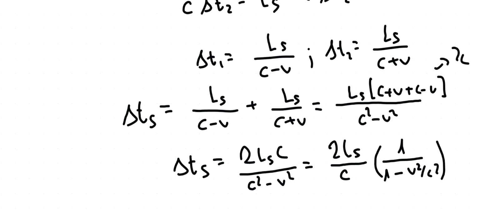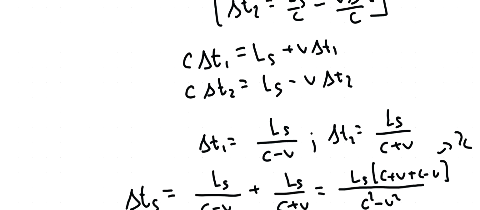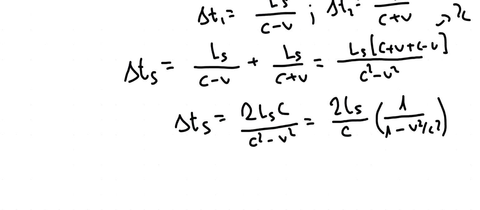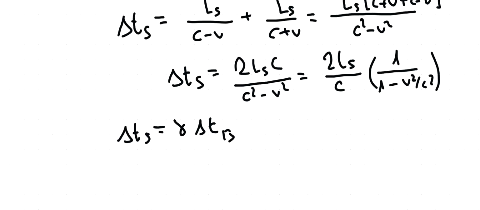And what I actually want here is to relate lengths, not times. We already did relate times, and we found that delta Ts is equal to gamma delta Tb. So one thing we can do here is to immediately say that delta Ts is gamma delta Tb, and remember that gamma was 1 divided by the square root of 1 minus v squared over c squared, right?